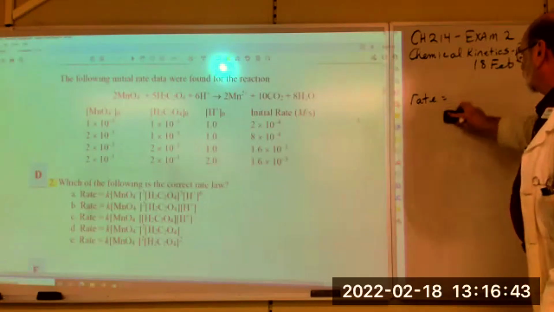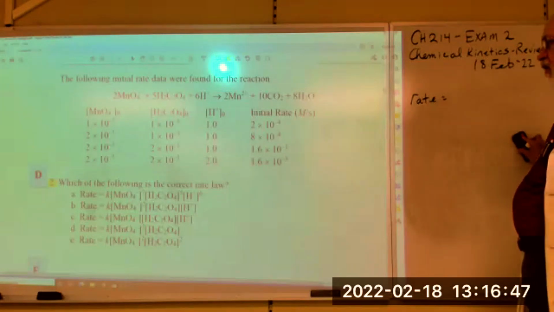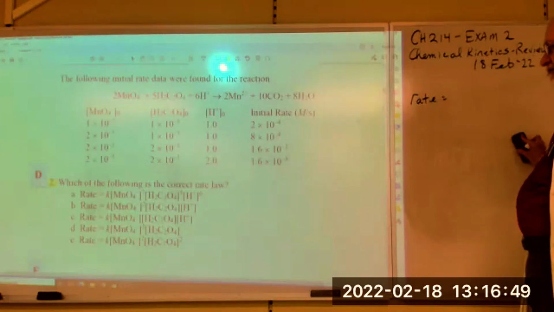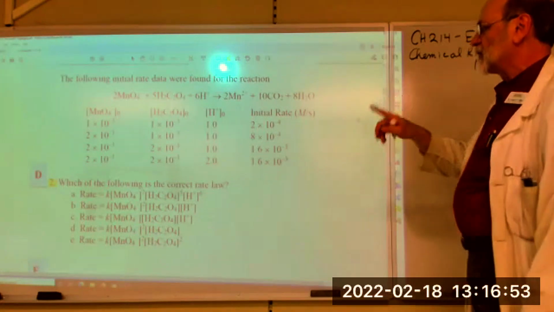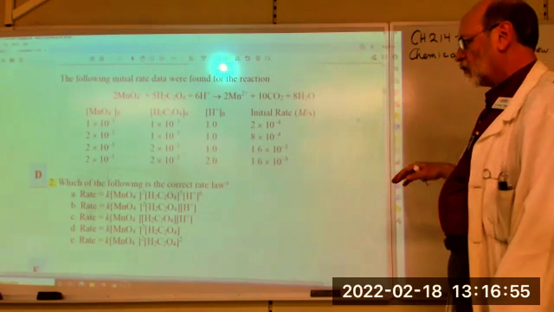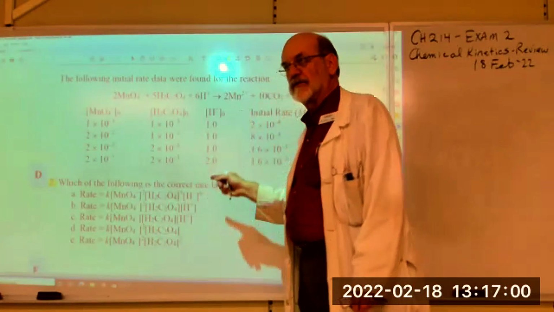Okay, I don't think I'm going to have a whole lot of board. I might have to write over here. I'll set up the initial rate equation, because that's the question. What's the rate equation for this reaction?